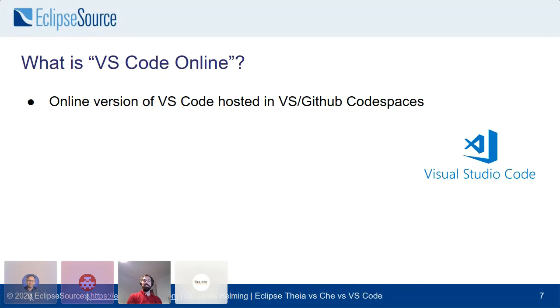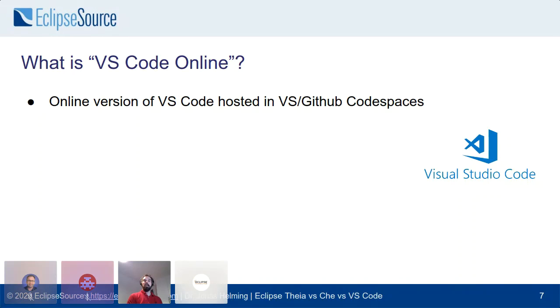And it is exactly the same as VS Code, but only running in the browser. That means the underlying runtime, meaning where the compiler is executed, where the code is, all the business logic of the IDE, is running in a container on a remote server.